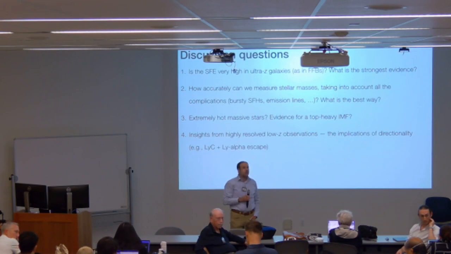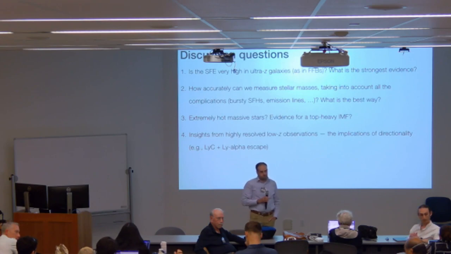HCN is basically telling you about gas at densities of order 10^4 per cubic centimeter. IR is telling you the star formation rate. If there were a region where the star formation efficiency were 100%, or even approaching it, it should show up as a really, really low HCN to IR ratio, which you never ever see. So it's clear in the local universe it never happens.